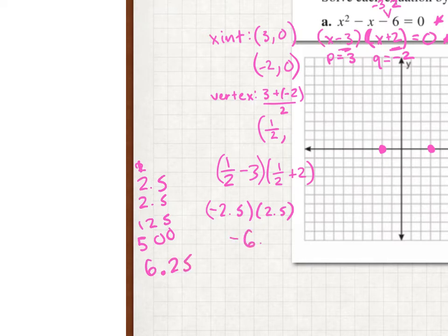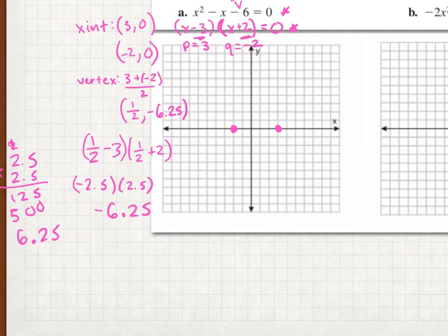So negative 6.25. So our y-coordinate is negative 6.25. So on our graph, we go to the right 1/2 and down 6.25. So our vertex would be there, and then we can graph it.